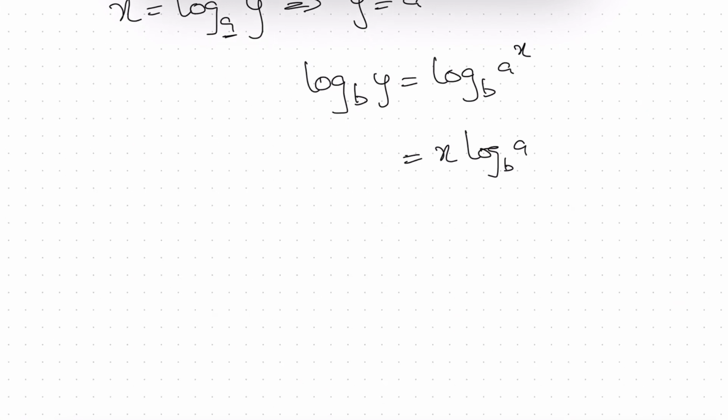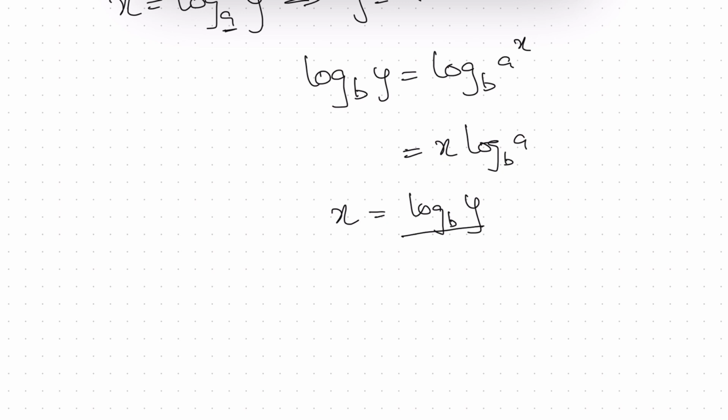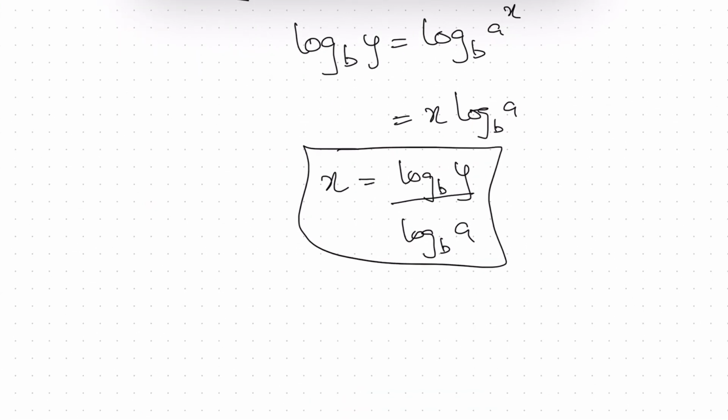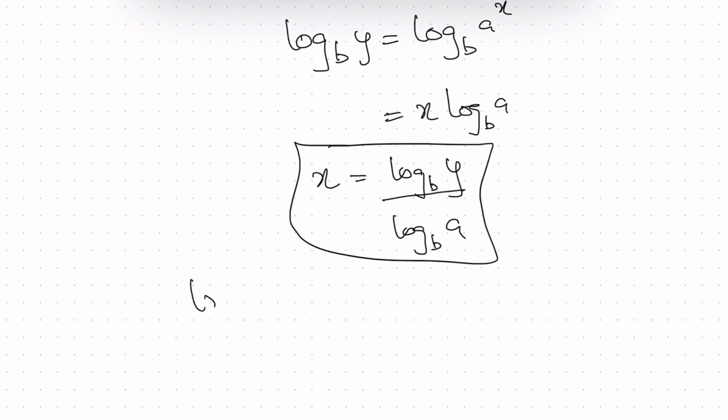And now I can basically bring this down. So if I solve this out, what I'll be left with is x equals log b y over log b a. Okay, now if I compare this equation and this equation, log a y is equal to log b y over log b a.